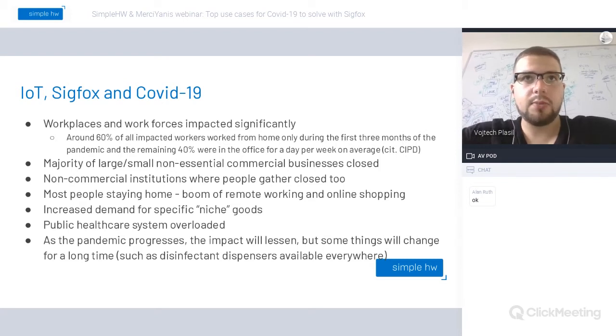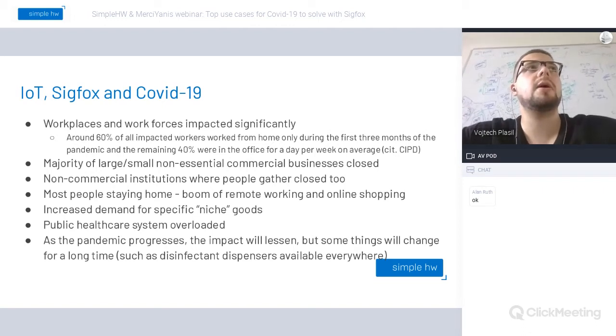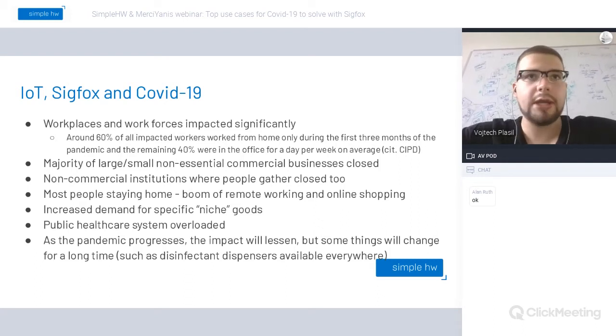And of course, most shopping was done online and not in person. Even for groceries and stuff like that. I remember that one of the largest providers of online grocery shopping here was completely overwhelmed for about 3 weeks. And if you wanted to place an order, you would have to wait for a week in order to get into a slot, which is really crazy if you consider that.